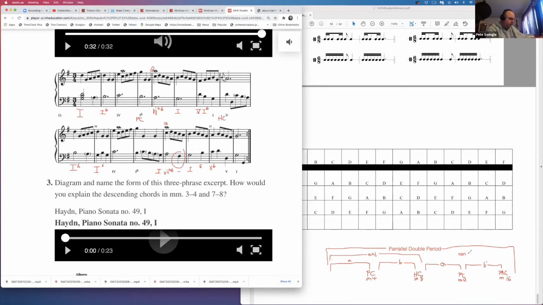Right at the 5-1. Could it be cadential? Yeah. I think it's a cadential, but they didn't write that. But they don't like writing those. But I absolutely agree. So we have an antecedent consequent phrase, yeah?